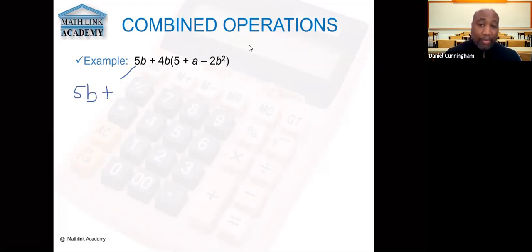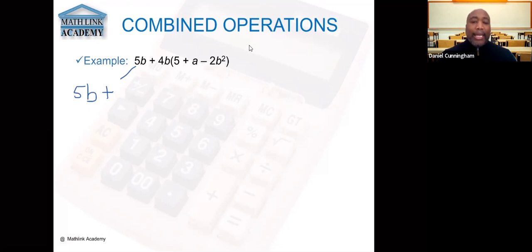Again, let's look at removing the parentheses, looking at other types of problems. I'm giving you all a variety of types of math problems of how to remove the parentheses. Now for this one, we have 5b, nothing wrong with 5b. So let's just write that down, 5b plus, that's good to have that plus.